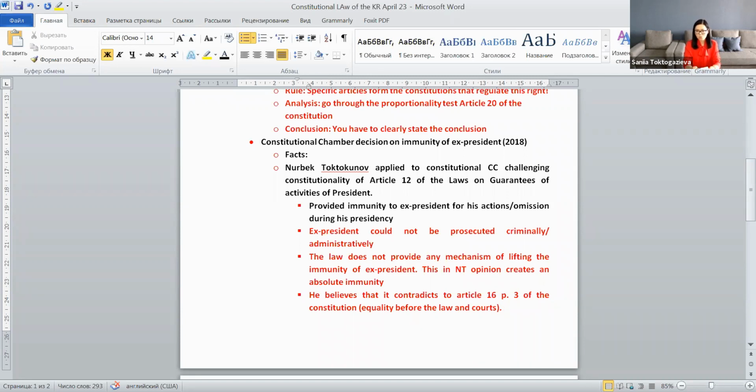But he believes that by providing an absolute immunity for ex-presidents, without even having a mechanism of lifting or overcoming this immunity, it puts him into a super privileged position. And this, in his opinion, contradicts Article 16.3 of the Constitution, which proclaims that everyone in the Kyrgyz Republic is equal before the law. Okay?